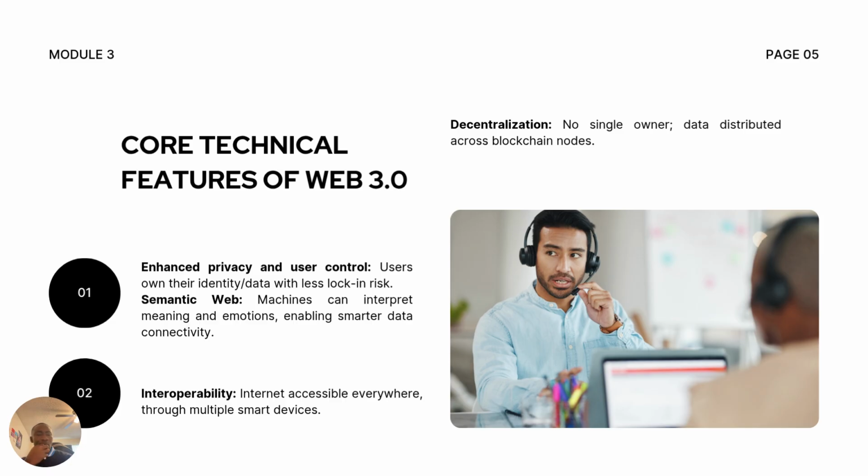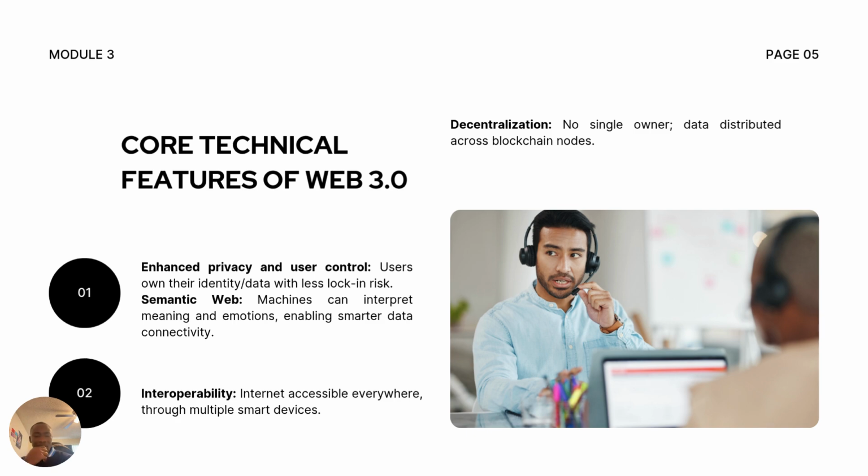We also expect to have a semantic web where machines can interpret meaning and emotions, enabling smarter data connectivity. So we expect improved versions of Web 2.0 in terms of semantics and being able to interpret meanings and emotions.